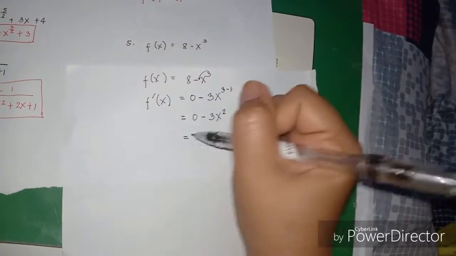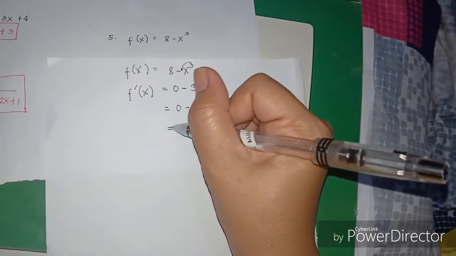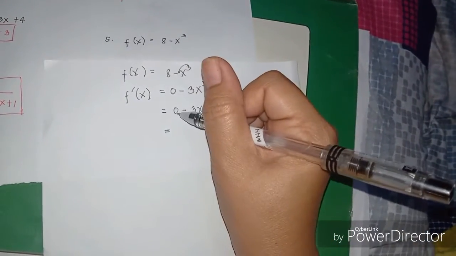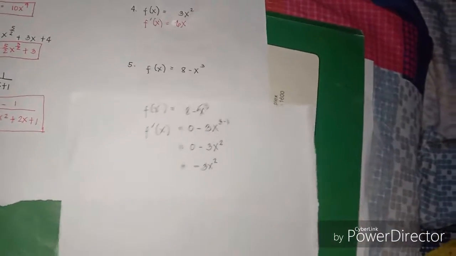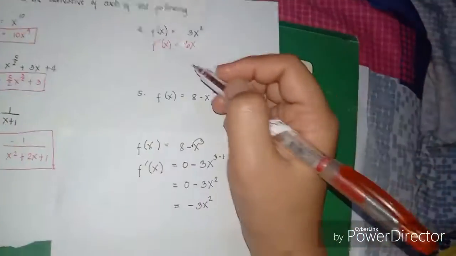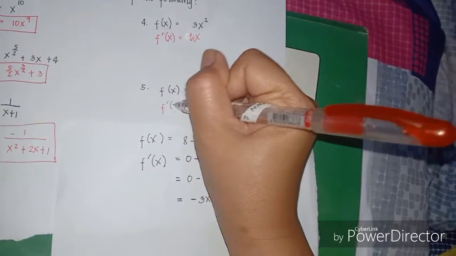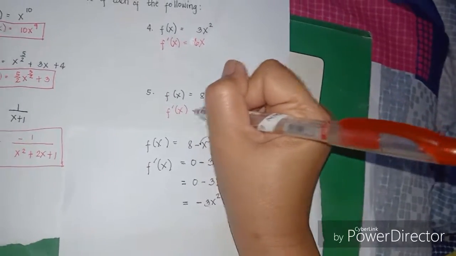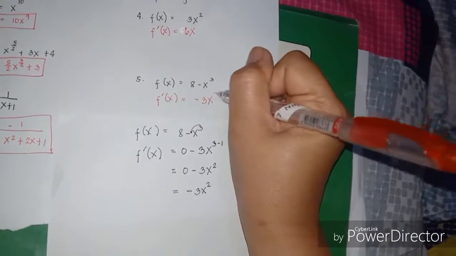So our derivative in number 5 would be equal to negative 3x squared. So again, the derivative of the function in number 5, the derivative of f, is equal to negative 3x squared.